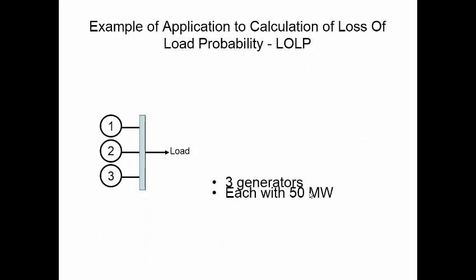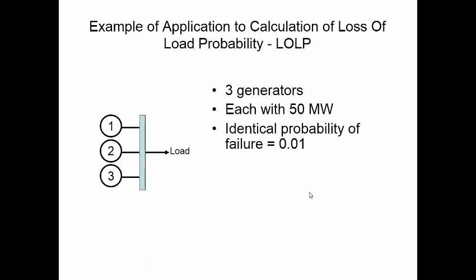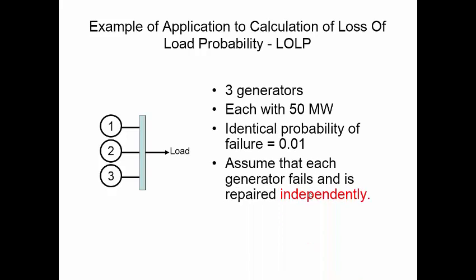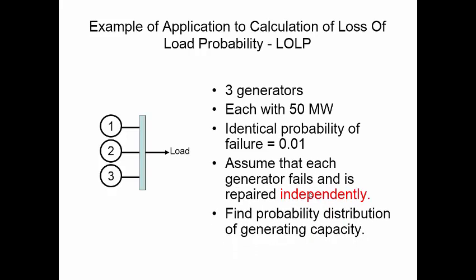Now we can discuss the application of these rules to a simple power system problem. And here we will compute what we call the loss of load probability by using these rules.